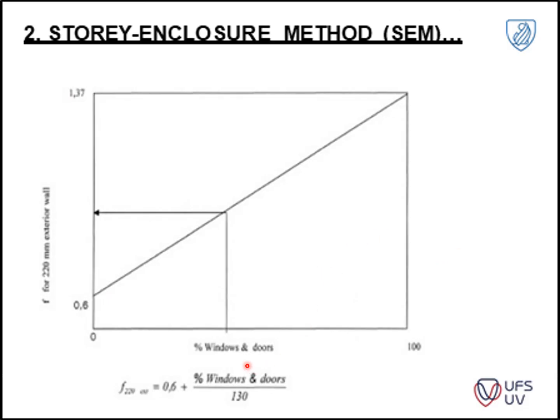Okay, so this is just the store enclosure method, just a show of how you calculate your 220 millimeter wall factor. The 220 millimeter wall has a formula of 0.6 plus the percentage windows and doors over 150 for your building. So it's usually your external walls that you calculate.